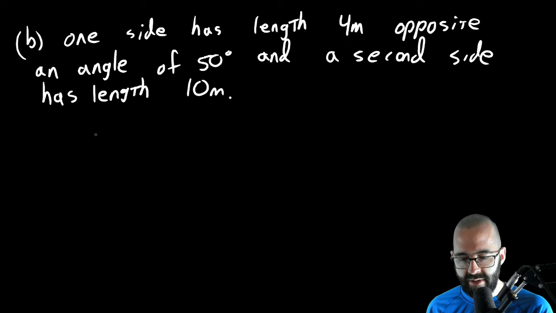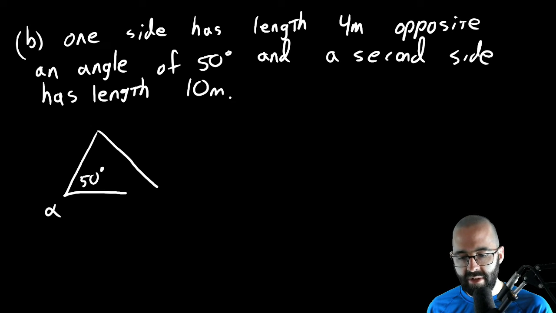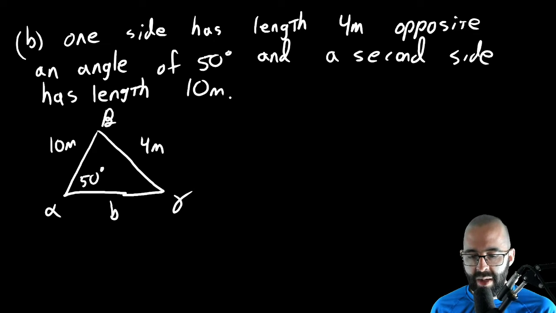Let's say there's an angle of 50 degrees. Maybe that's this. Let's call that alpha. Why not? And its opposite, something of length 4 meters. And one of these other sides, we don't know which, it doesn't matter, 10 meters. This is going to be beta, this is going to be gamma, which means this has to be B.